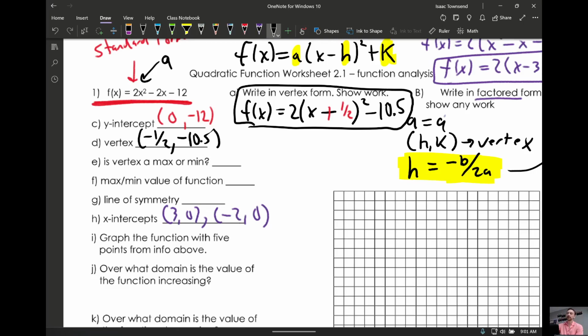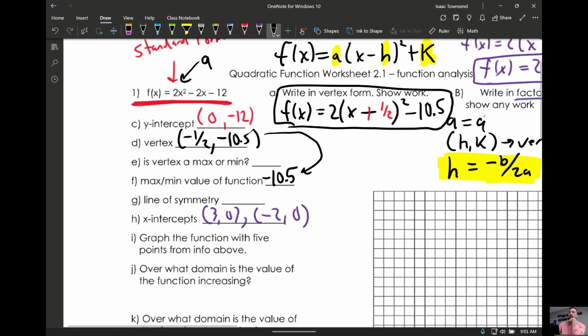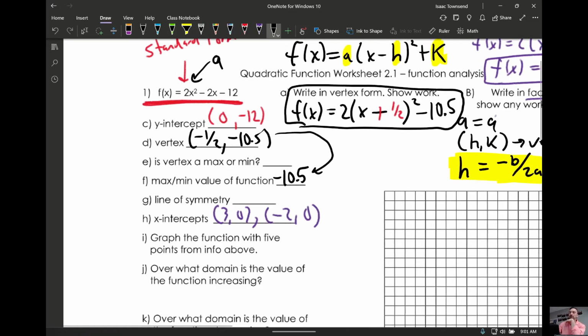Now what the vertex tells me is when the max or min occurs and what the min or max value would be. So that is part F. This guy goes down as far as negative 10.5. Okay, and then we could have done E at any point, but if you don't remember whether a parabola opens up or down, you need to add some notes over here.